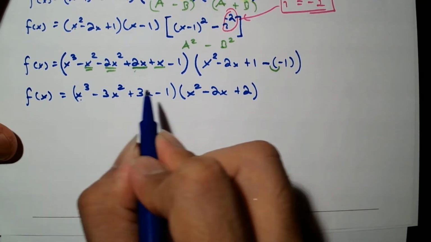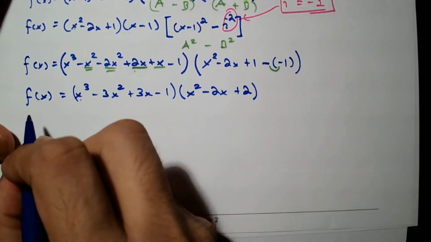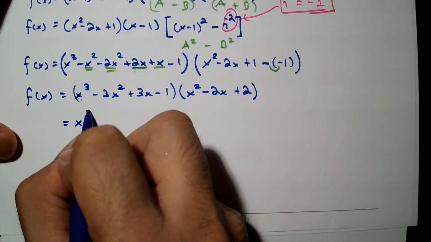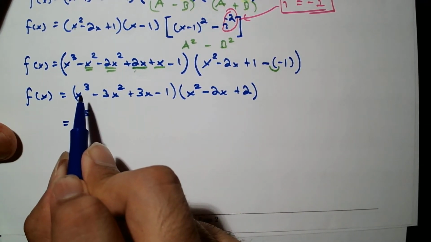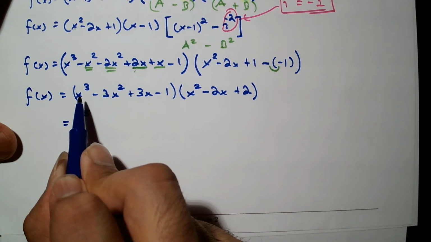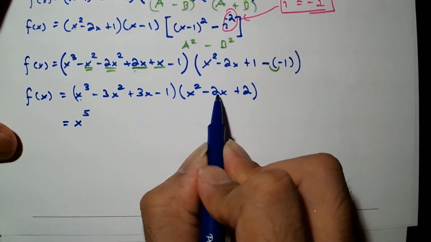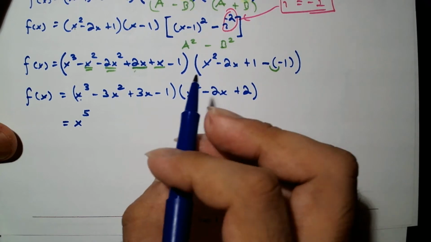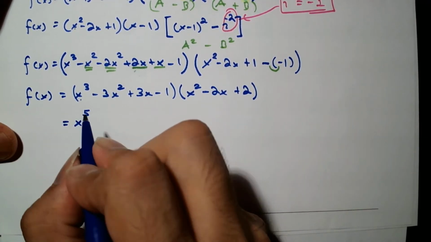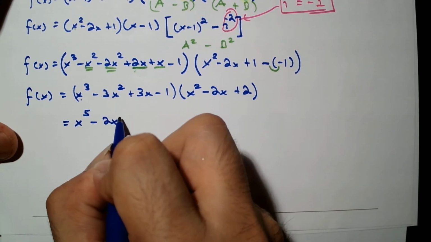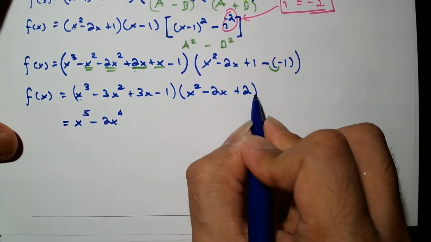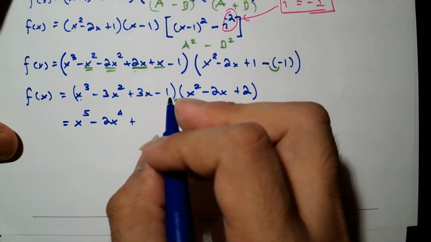So x cubed times x squared, that's going to give me x to the 5th. X cubed times negative 2x, that's going to give me negative 2x to the 4th. X cubed times 2, that's 2x cubed.